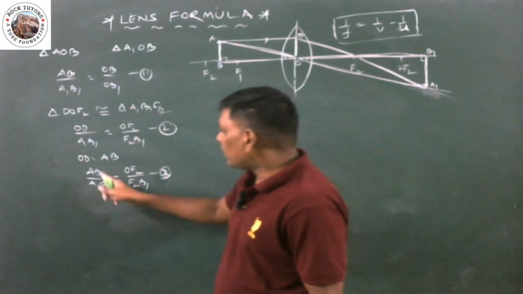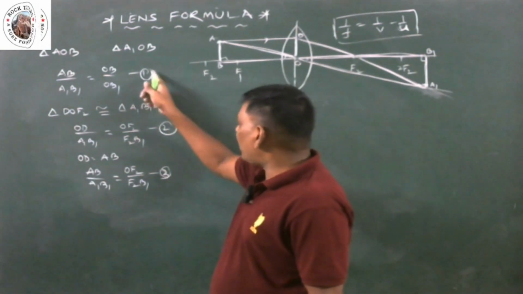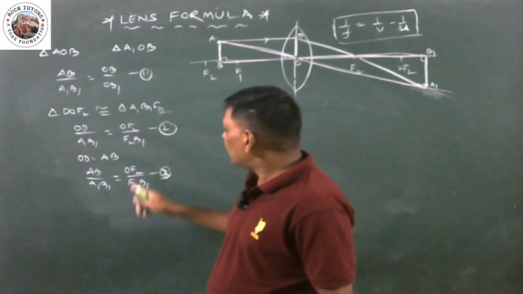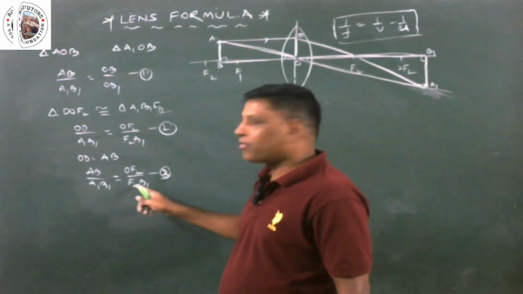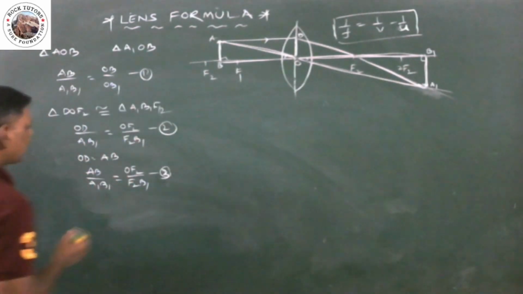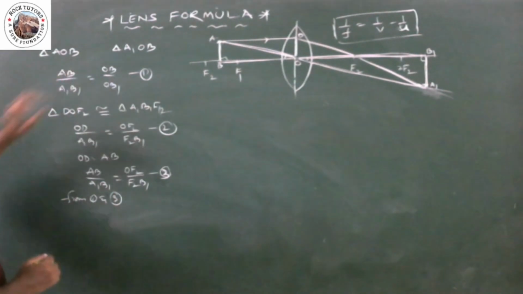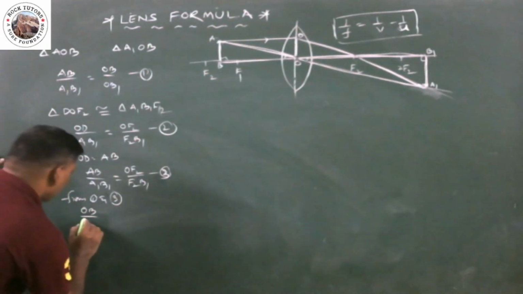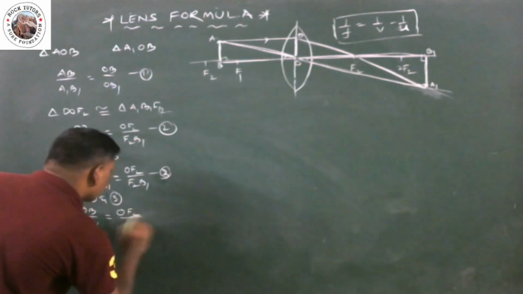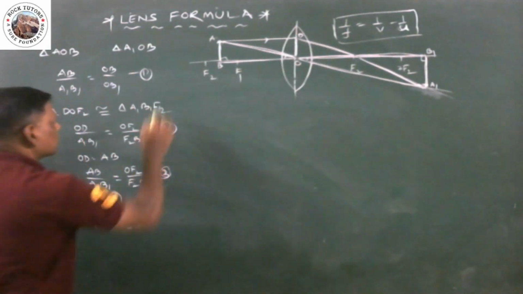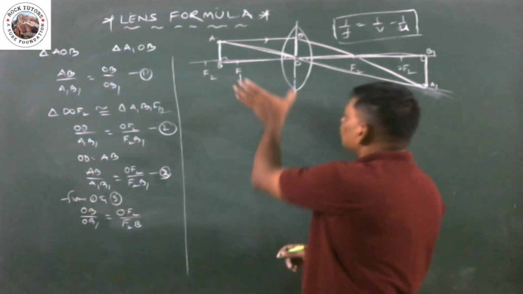Now, AB by A1B1. So from 1 and 3, we can say that OB by OB1 is equal to OF2 by F2B1.